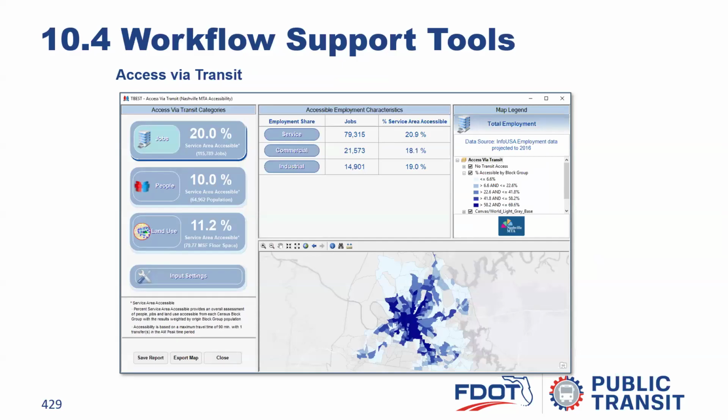So the Access via Transit tool is, as I mentioned, showing at the block group level where you can get to accessibility-wise through the network. So it's basically summarizing that OD matrix, but it's applying it to the block groups instead. So it's a different view on accessibility.